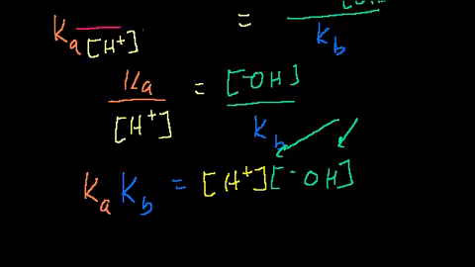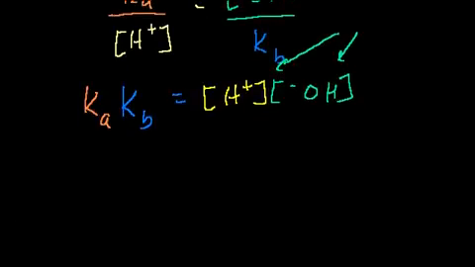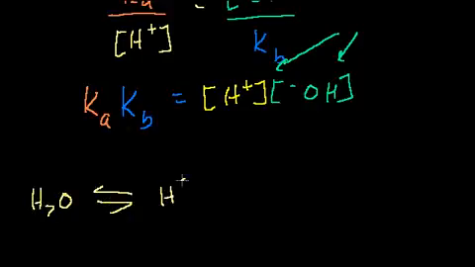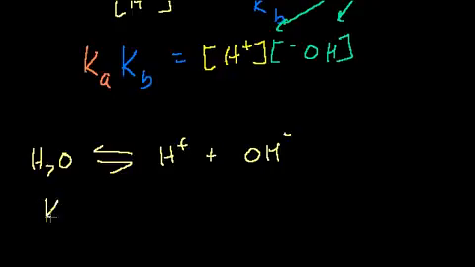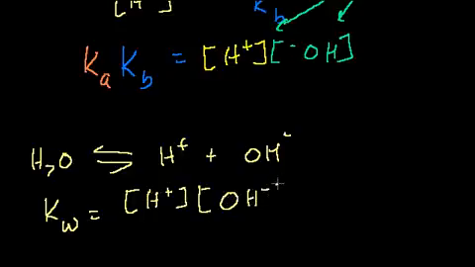Let me go review just to make sure I'm jogging your memory properly. We could have H2O, it can auto-ionize into H plus and OH minus, and this has an equilibrium constant, K sub W. It's equal to the product, the concentration of the hydrogen protons times the concentration of the hydroxide ions, and you don't divide by this because it's the solvent.